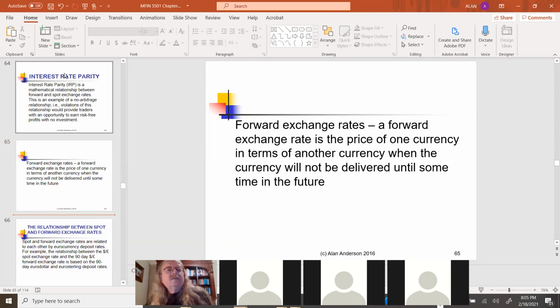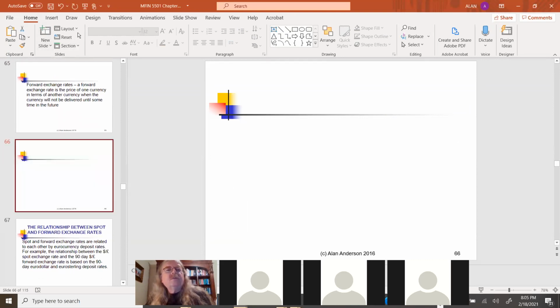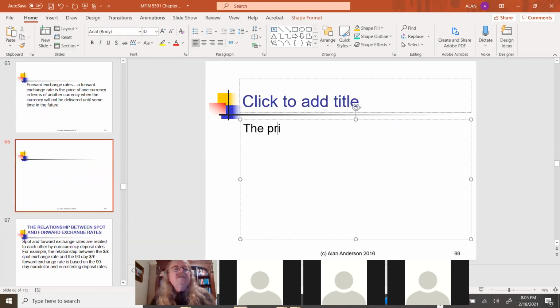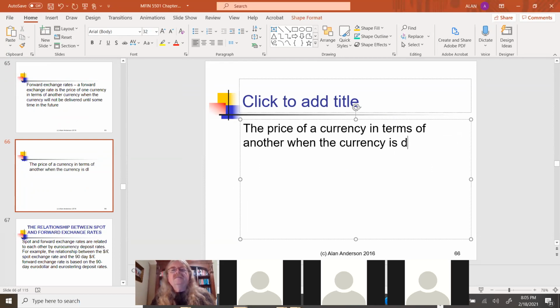So in that case, what about all the situations where we buy a currency for immediate delivery? The price of a currency in terms of another, when the currency is delivered immediately, is known as a spot exchange rate.